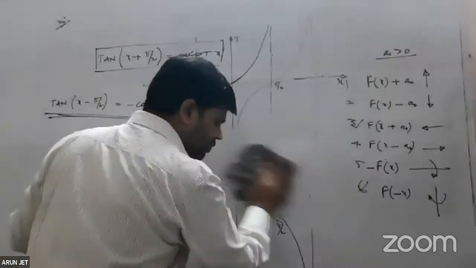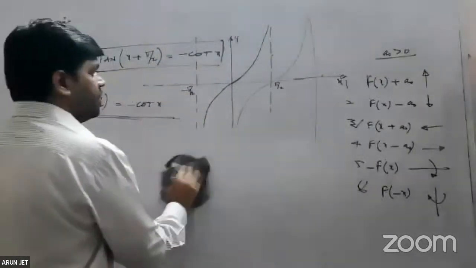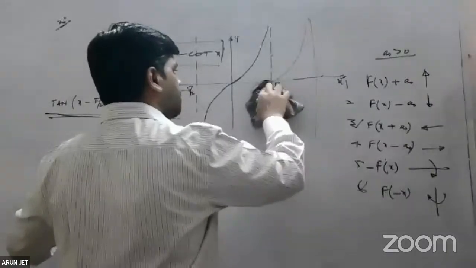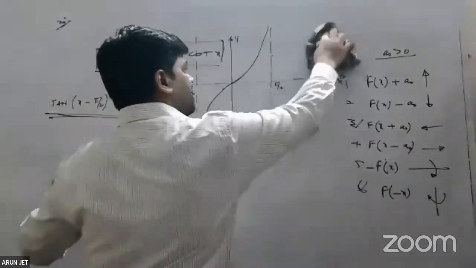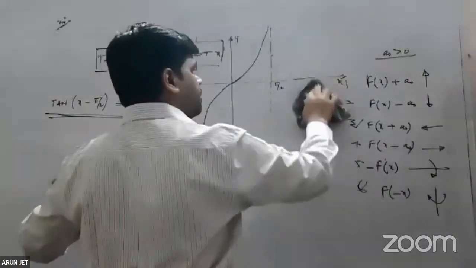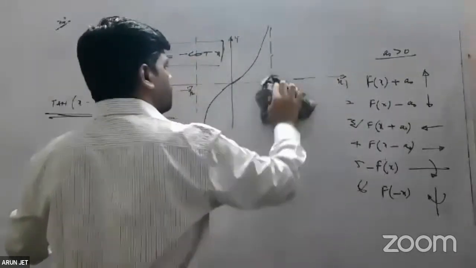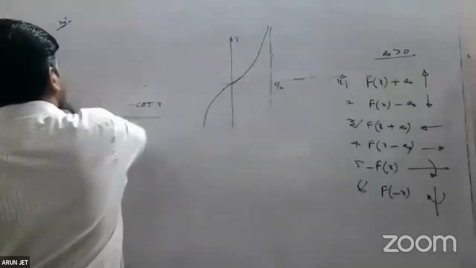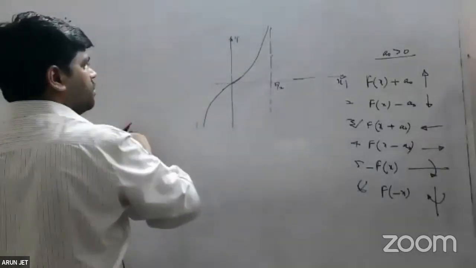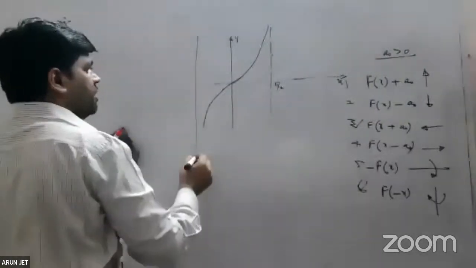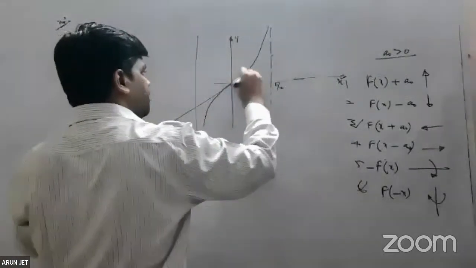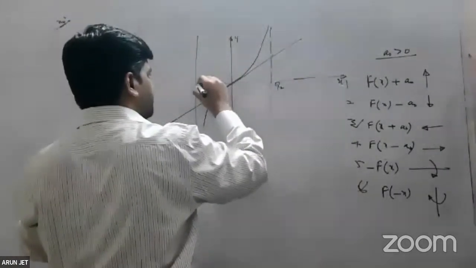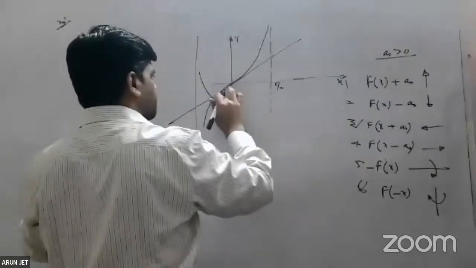All right. Now let's move on to one more interesting point which we are going to use. This is my tan function. This is my y is equal to x line, and y is equal to sin x would be like this.